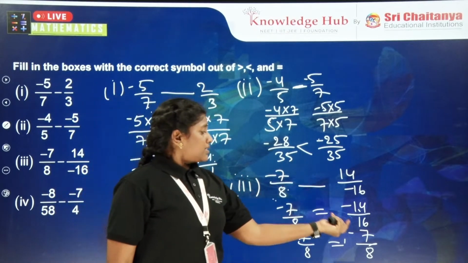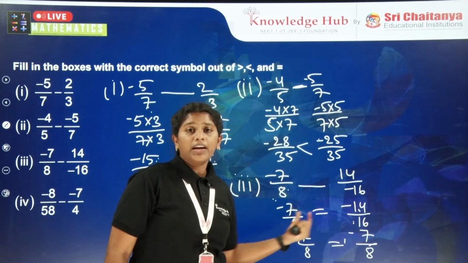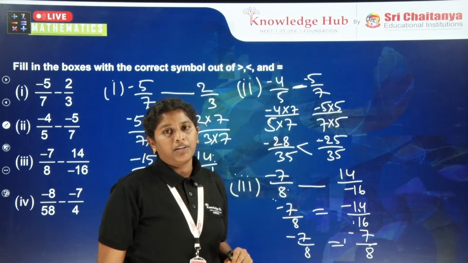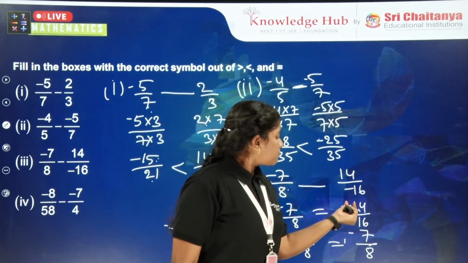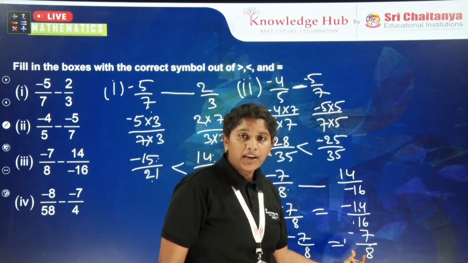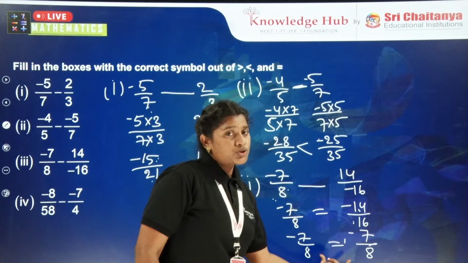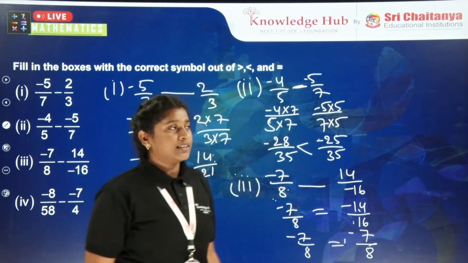Here we can divide to get the other rational number. That's the reason I took the simplest form of 14 by minus 16, which becomes minus 7 by 8, the other rational number. So we can compare these two with the equals sign.